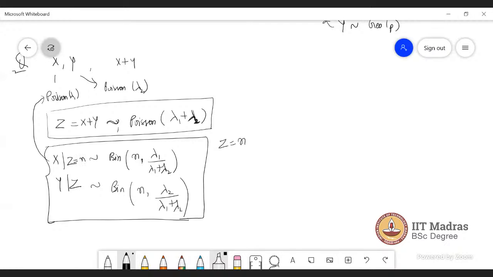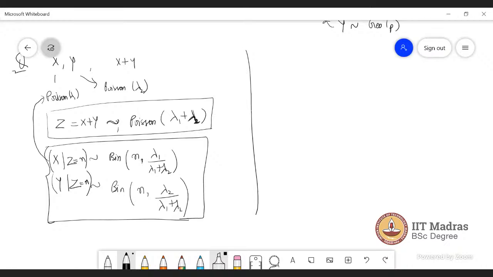This is given Z equals n. It is better to take m or another value then. If Z equals m, it will be binomial m, lambda 1 by lambda 1 plus lambda 2. It is better to remember. One more thing is m is different from n. Yeah, right.